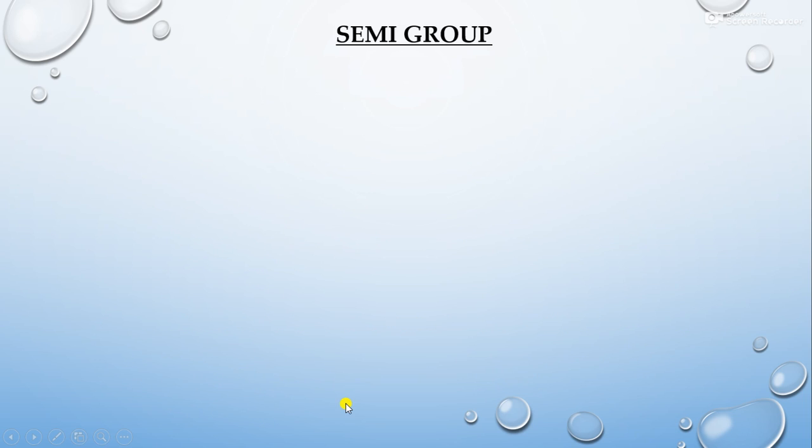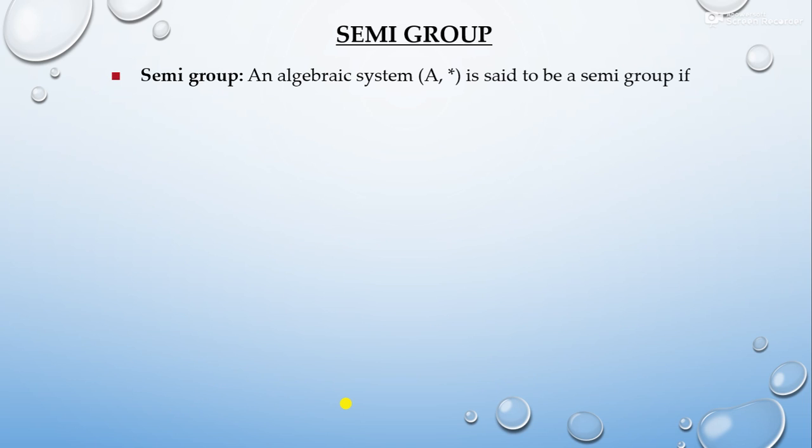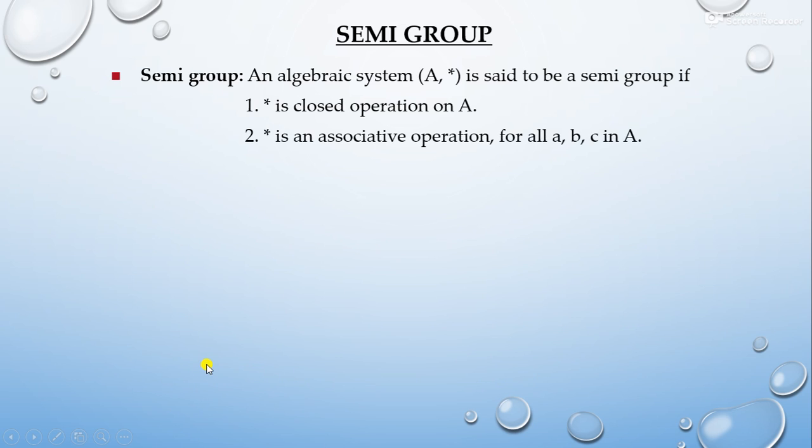Okay, so now comes the semi-group. What is a semi-group? Which algebraic set can we say is a semi-group? An algebraic system (A, star), or A with a binary operation, is said to be a semi-group if it fulfills two conditions.